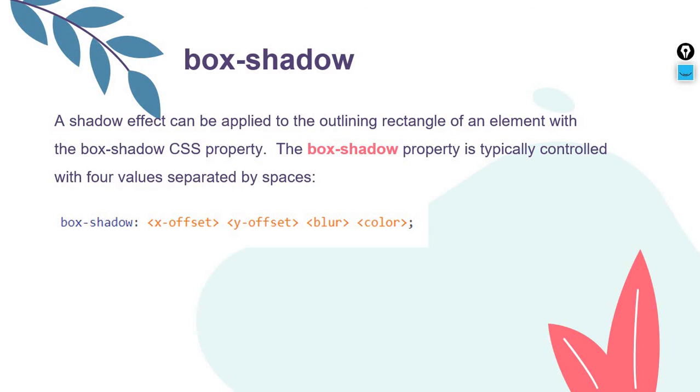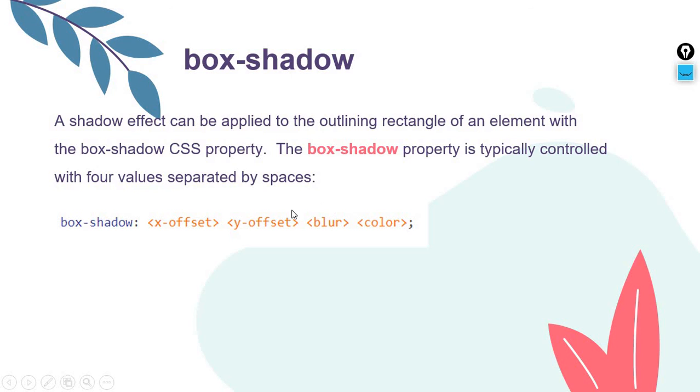Positive X values place the shadow to the right and negative values place the shadow to the left. Similarly, positive Y values place the shadow vertically lower than the element and negative values move it up.